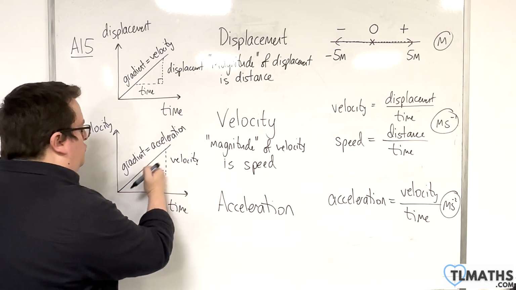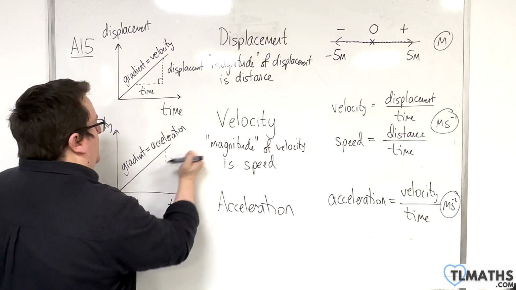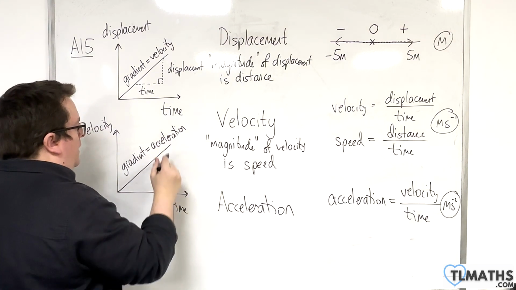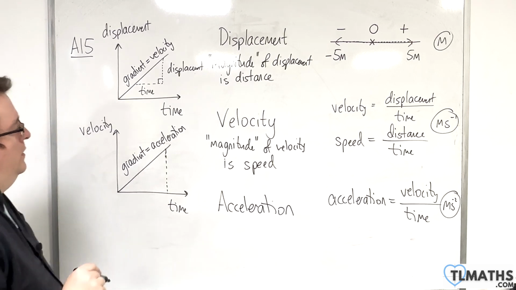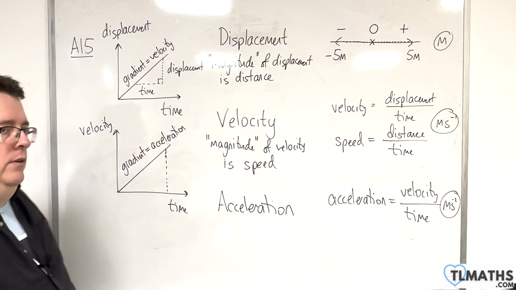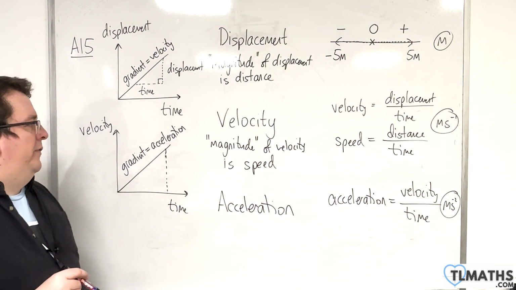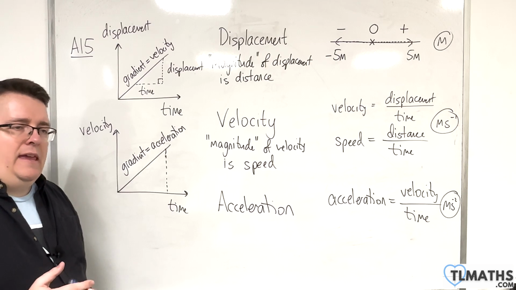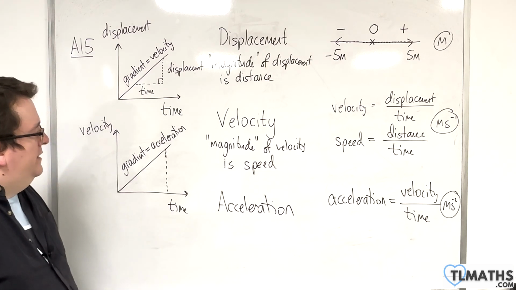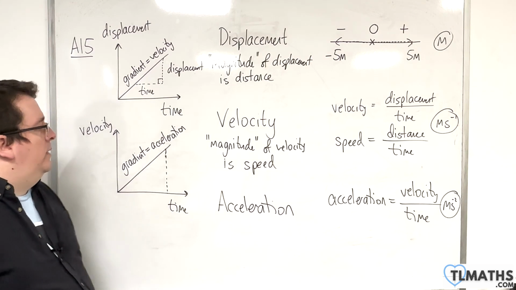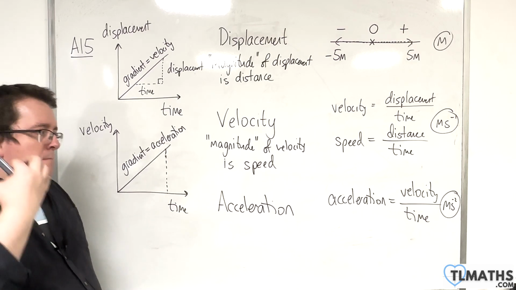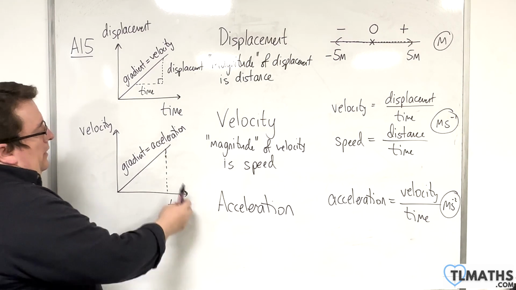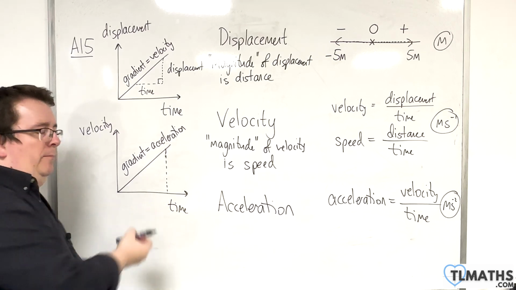Now, if I just remove that bit, you're actually looking at an area, so the area between the line and the time axis. Of course, you'd be looking at the area of a triangle here. So think about area in its most basic terms as one side multiplied by another.